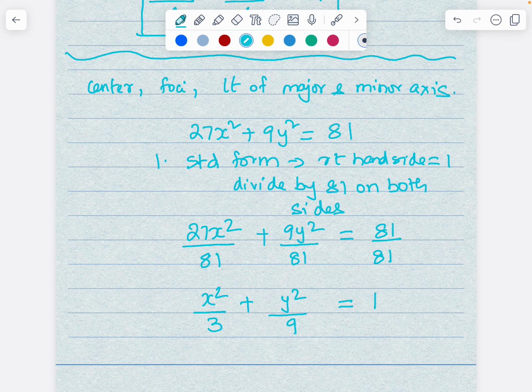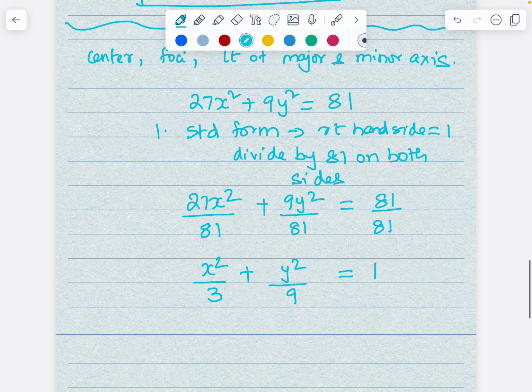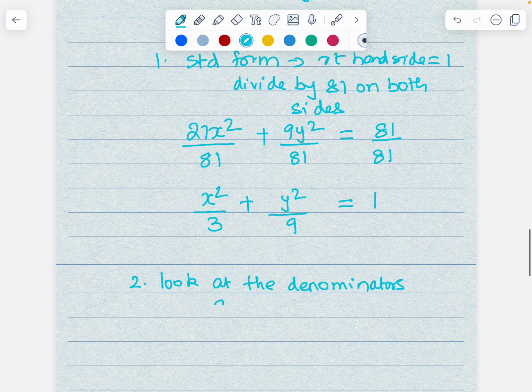Okay, so now how do we know whether it's a horizontal ellipse or a vertical ellipse? So you look at the denominators, right? 9 is greater than 3 and 9 is underneath y square.